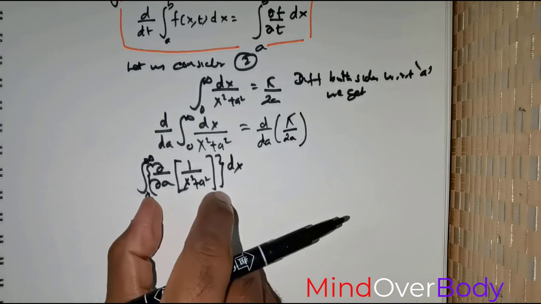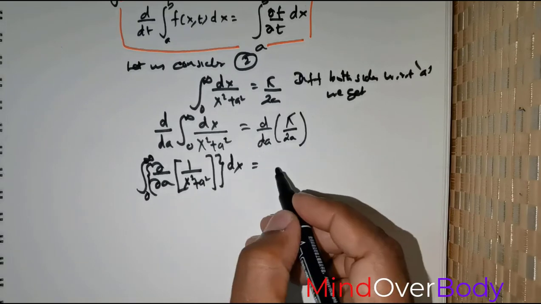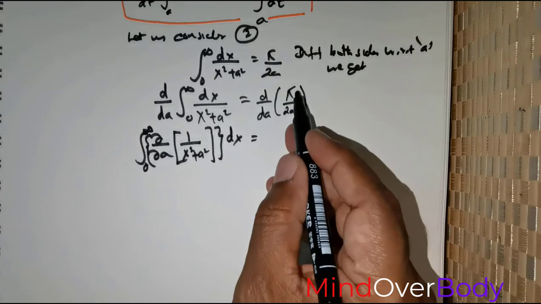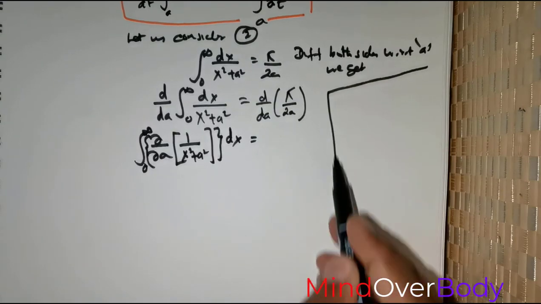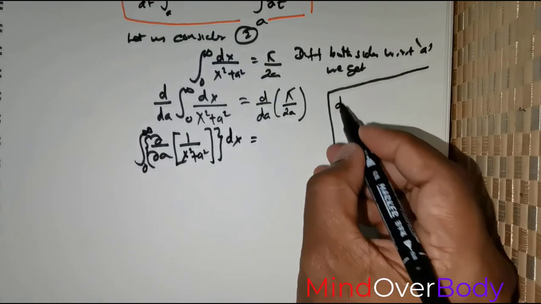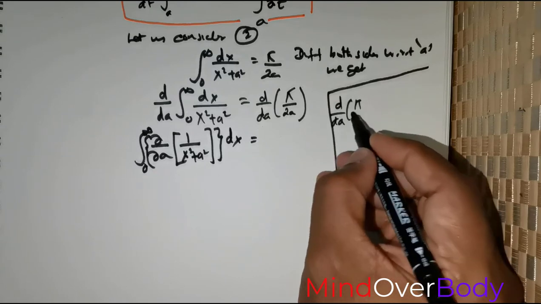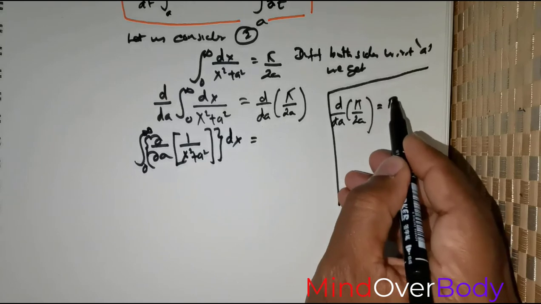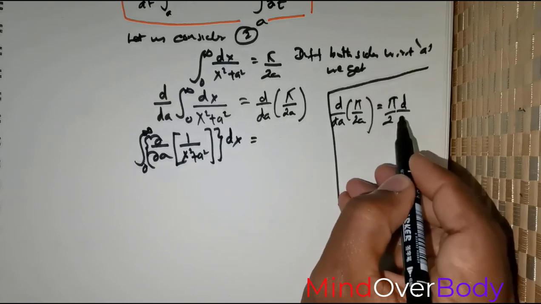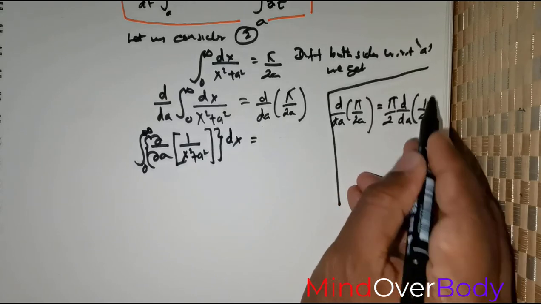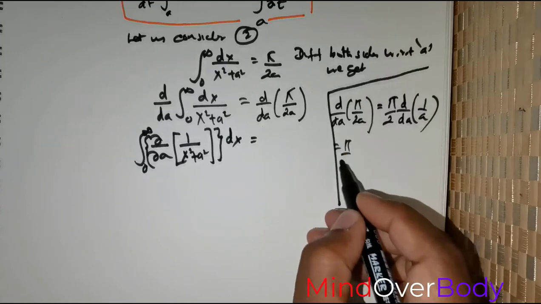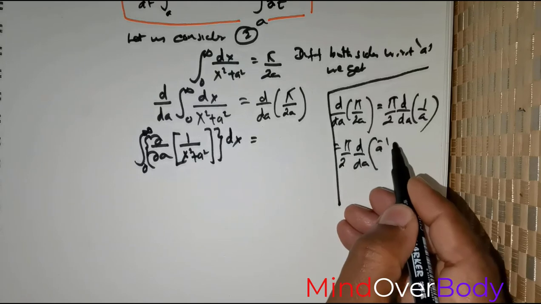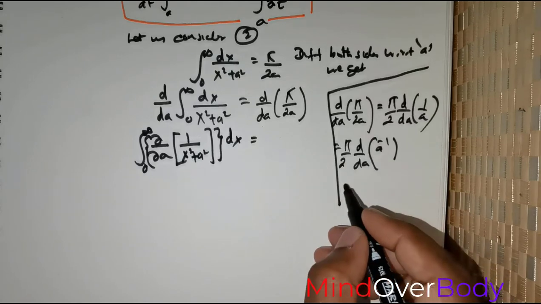This is how I am representing the quantity. Now d over dA of pi over 2a. Let me show you the working here. Pi is a constant, 2 is a constant, so I can take pi out and 2 out, so I get d over dA of 1 over a. Now I can rewrite this as pi over 2 d over dA of a raised to the power of negative 1.